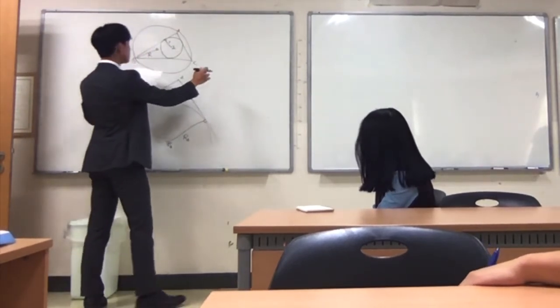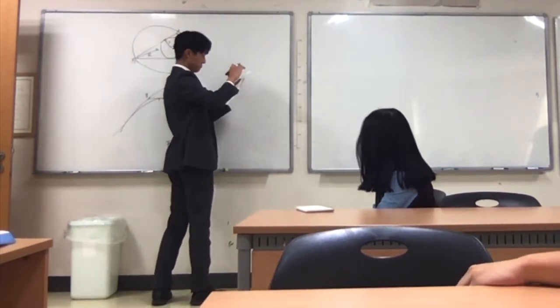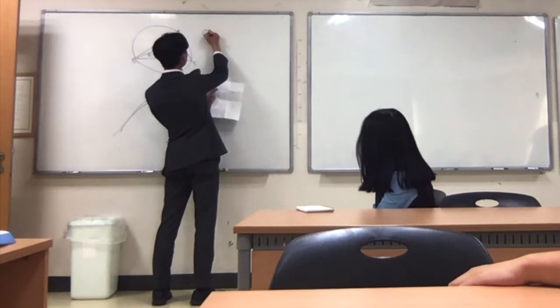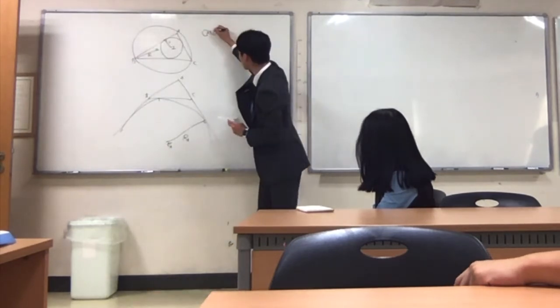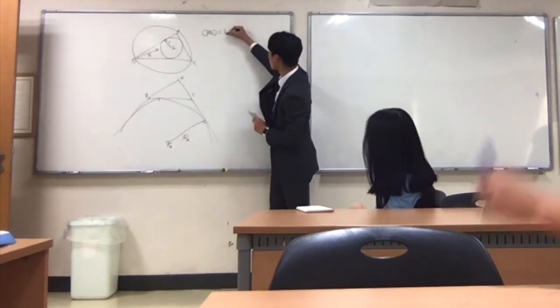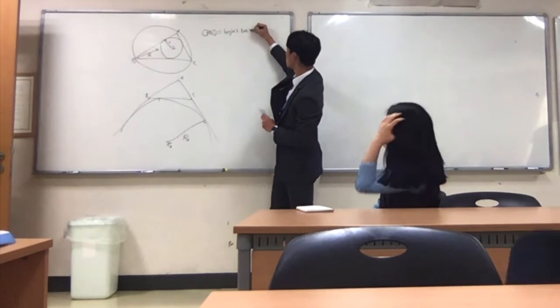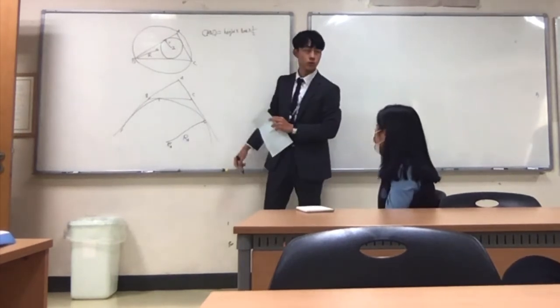So from here, we have basically 7 ways to get the area of this triangle. ABC equals, first one is, as you would all know, height times base times 1/2.